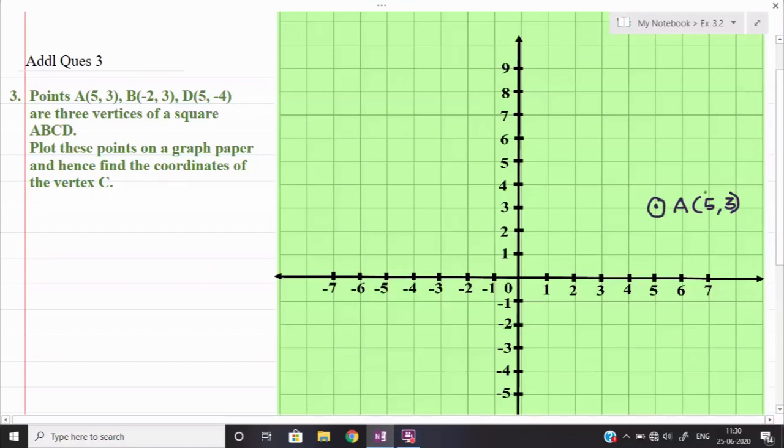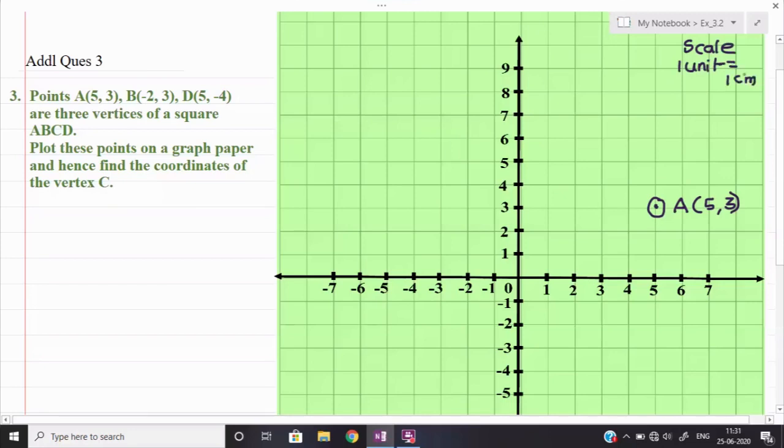One thing I forgot to inform you in the previous question also. Students, please write down the scale each and every time, okay, because in the previous question also we forgot to write down the scale. So 1 unit is equal to 1 centimeter. That is a compulsory part in the examination question, okay.